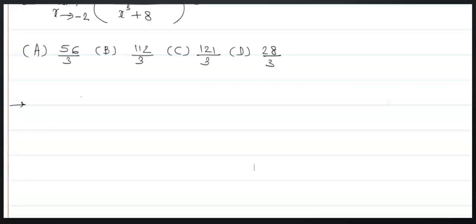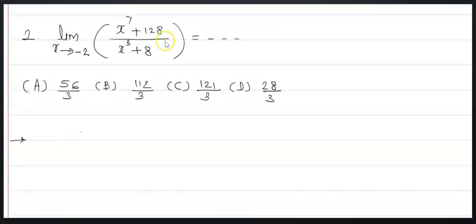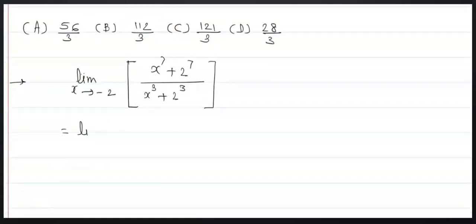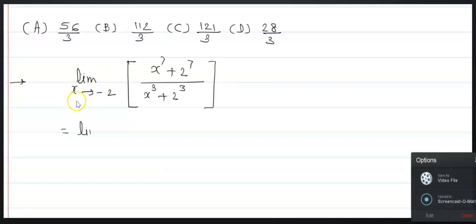Next is the second. Limit x tends to minus 2, x raised to 7 plus 128 upon x cube plus 8. Therefore, it can be written as limit x tends to minus 2, x raised to 7 plus 2 raised to 7 upon x cube plus 2 cube.